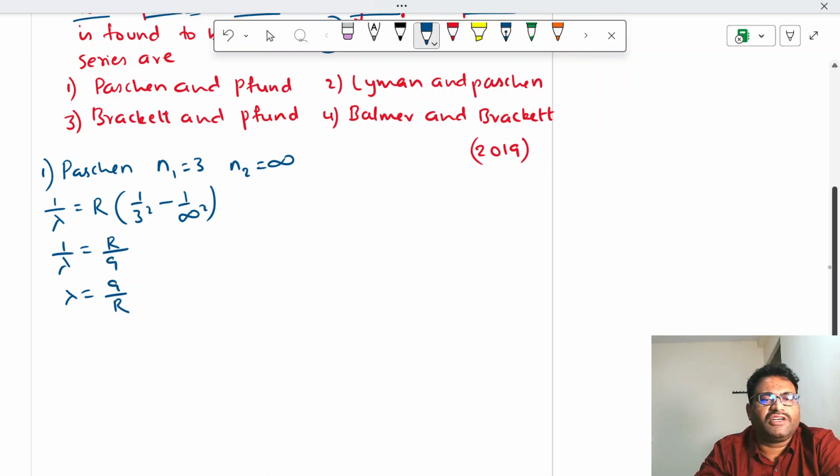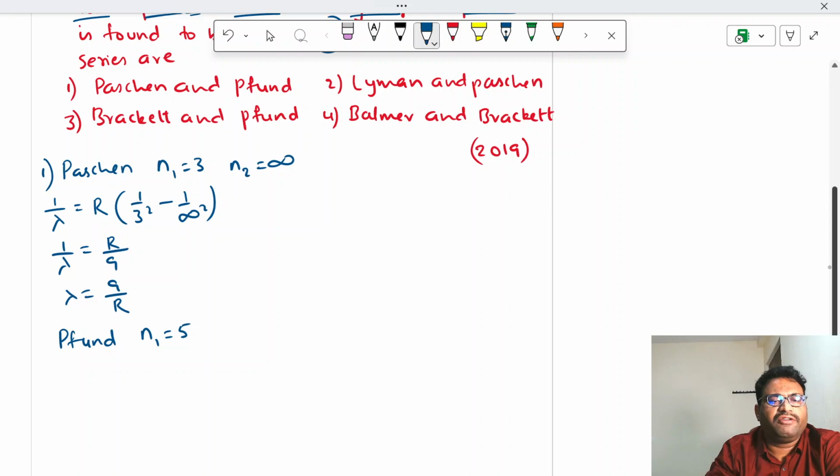Next, Pfund series is asked. For the Pfund series, N1 is equal to 5, N2 is equal to infinity. Then 1 by lambda is equal to R into 1 by 5 square minus 1 by infinity square. 1 by lambda is equal to R by 25.